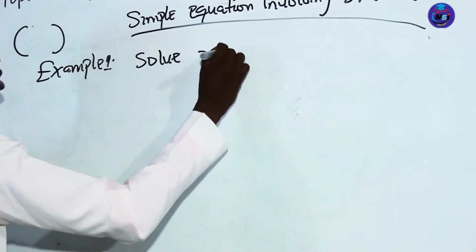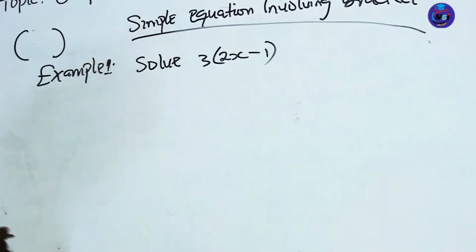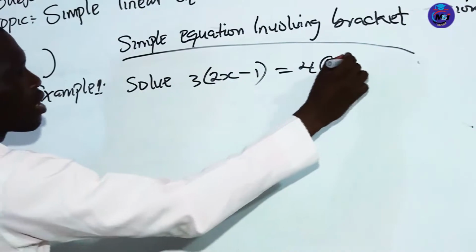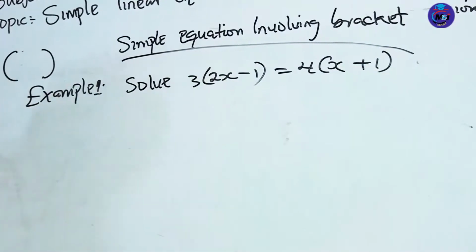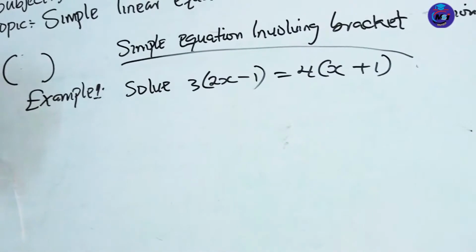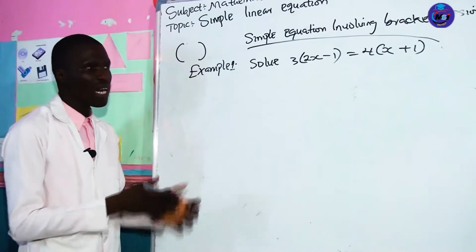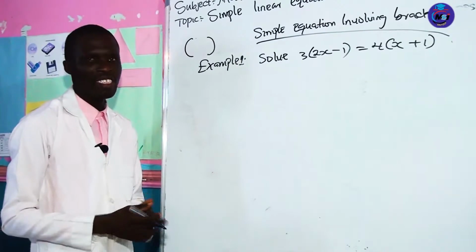3 bracket 2x minus 1 equals to 4 bracket x plus 1. How can we solve questions like this? You just need to open the bracket, and once you open the bracket, you find the value of your x.